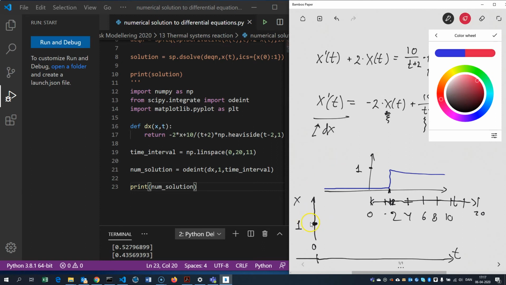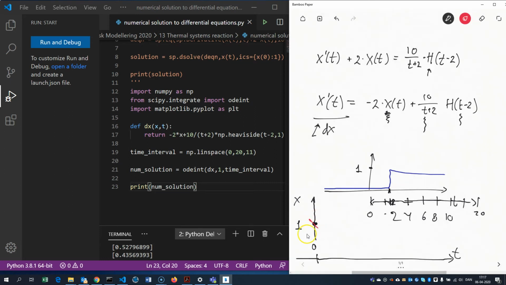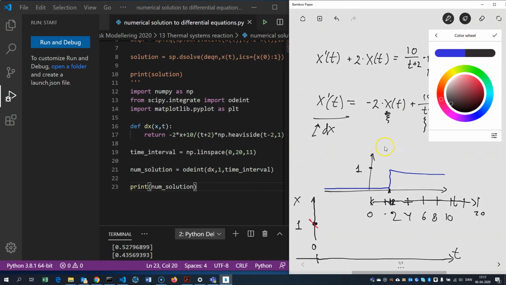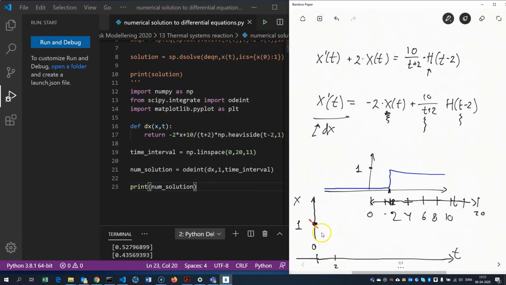Let's say that slope is probably negative. So that enables the solver to find out what would be the value of the solution at the next time step, which is over here, and probably it's something like this, because the slope is pointing this way, so it's probably down here. So this is the next solution point.